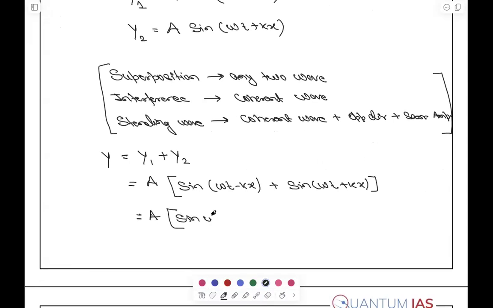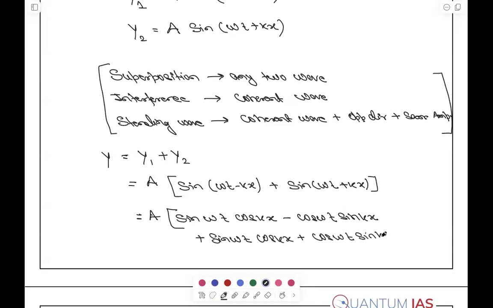Sin a minus b is sin a cos b minus cos a sin b, plus sin a cos b plus cos a sin b.